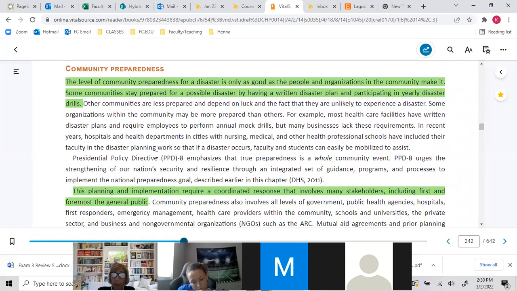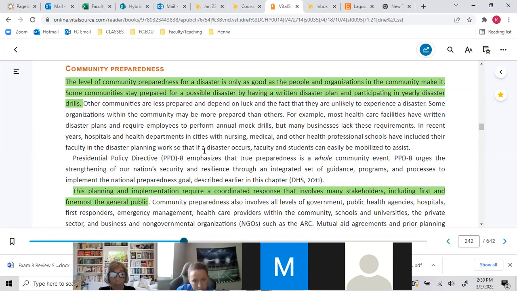Okay. So the level of community preparedness for disasters is only as good as the people and organizations in the community make it. All right, some communities stay prepared and do drills. Others, you know, aren't as prepared.